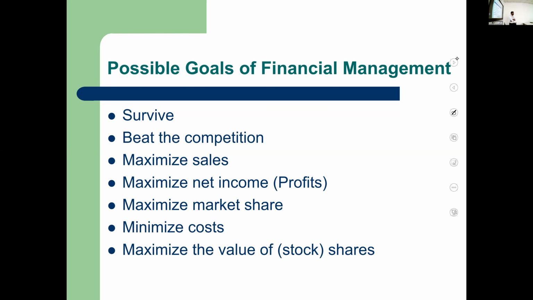And maximize the sales, right? If you have sufficient funds, then only you can invest in inventories. If you have the inventories, then only you can make the sales, right? Next, maximize the net profit. That's the overall goal, right? Then maximize the market share, through investments, and minimize your costs and wastages as well.